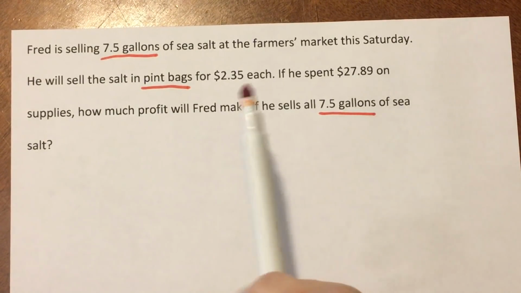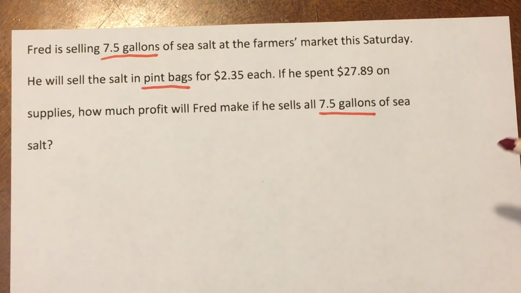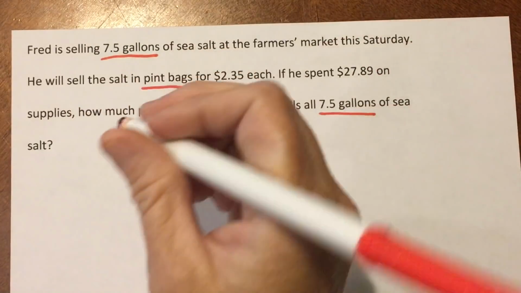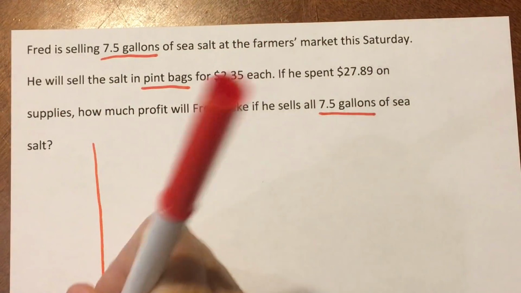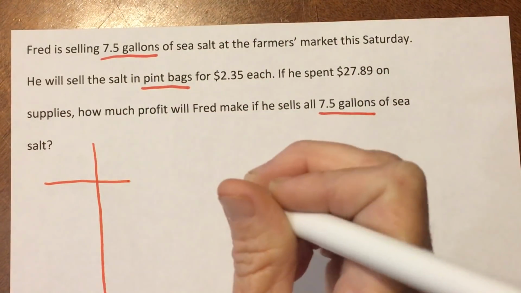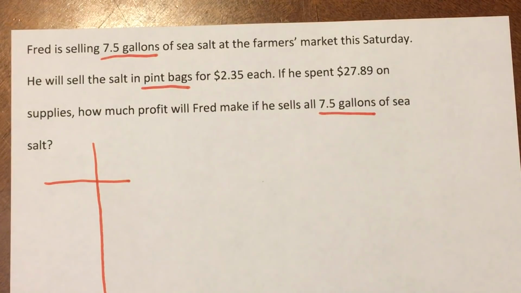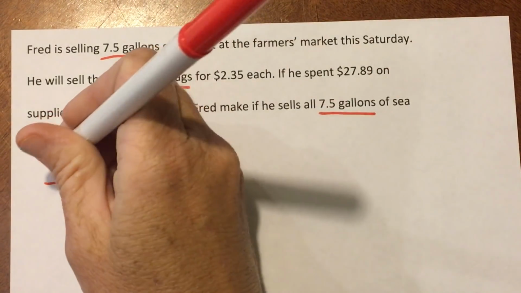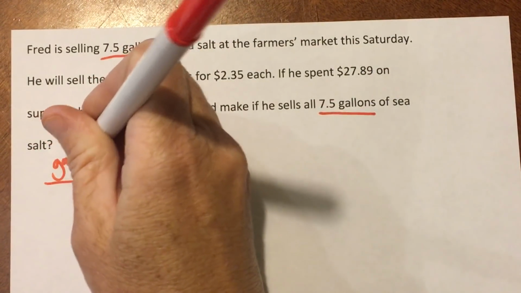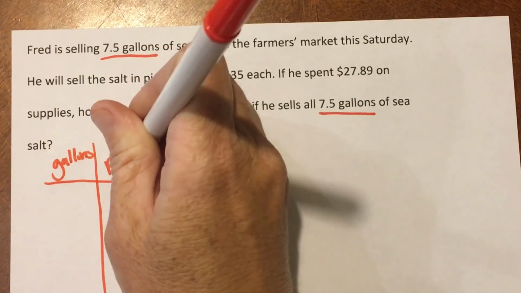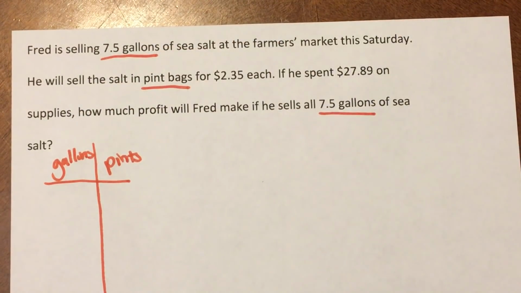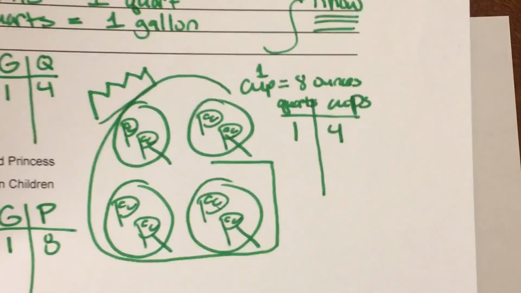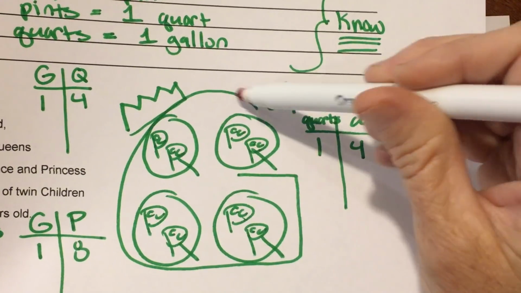So it's not telling me if I need to use gallons or pints, so I can choose either one. Now I'm going to use a table because this is not the metric system. So I'm going to be comparing gallons and pints.